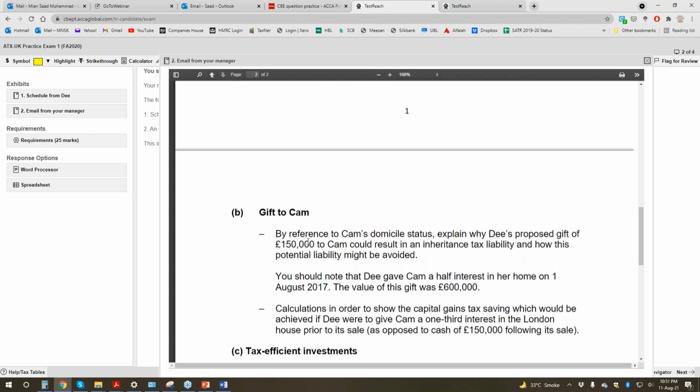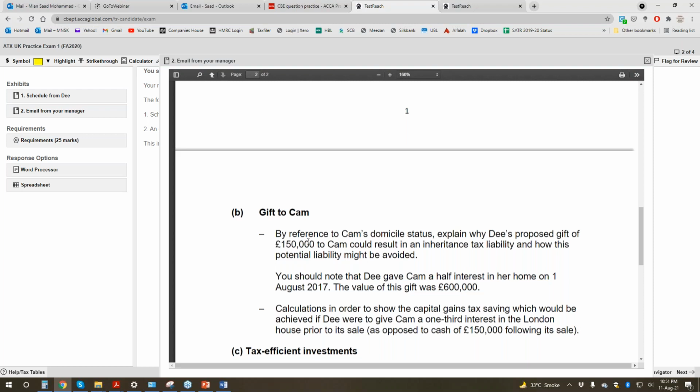You should note that D gave CAM a half interest in her home on 1st August 2017. The value of the gift was 600,000. So CAM has already received a previous gift worth 600,000, and now D is deciding whether to give 150,000 to CAM as well.